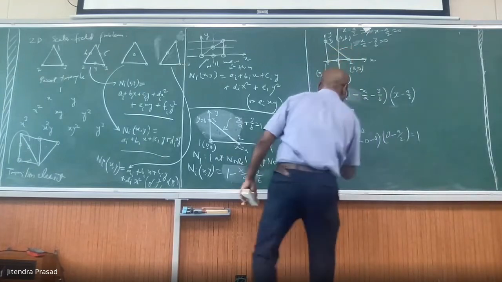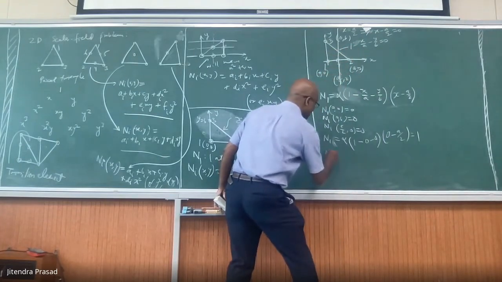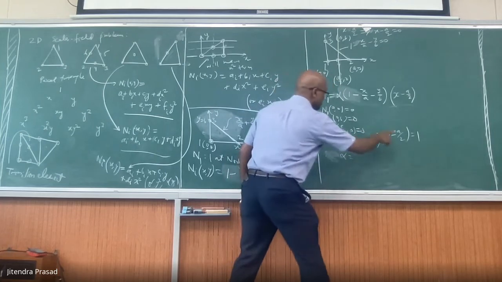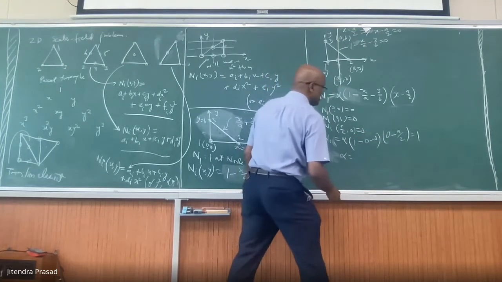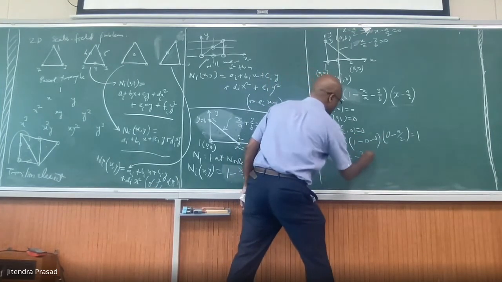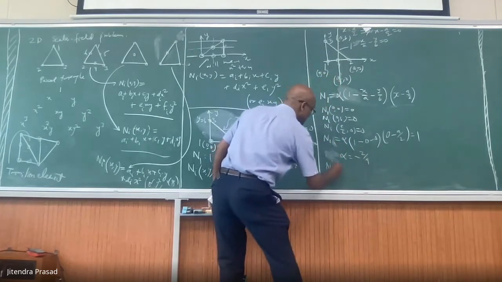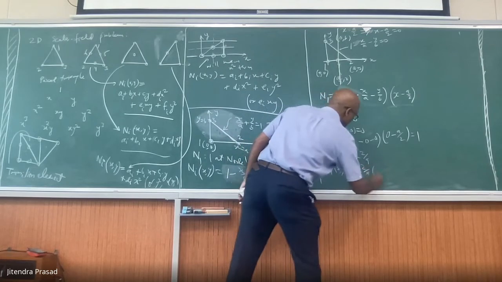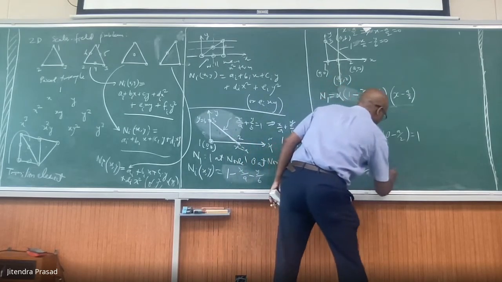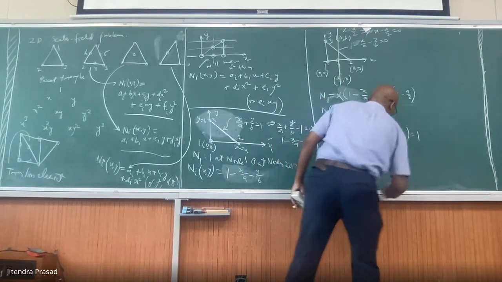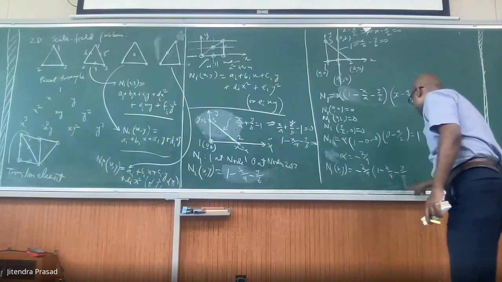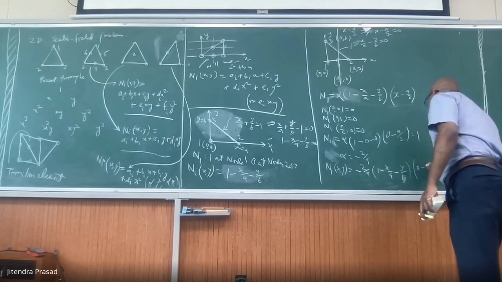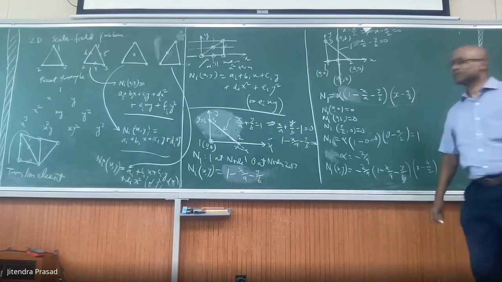That tells you alpha is equal to minus 2 over a, and hence n1(x, y) is equal to minus 2 over a, (1 minus x over a minus y over b) multiplied by (x minus a over 2). This is how you do it.